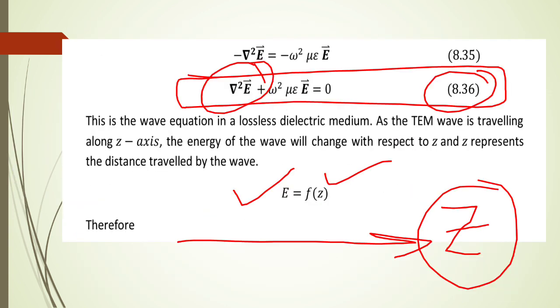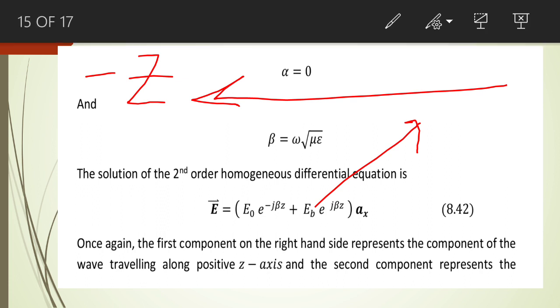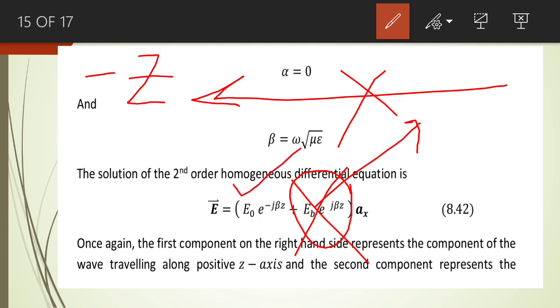So let us consider the solution once again, and as no component of our wave is moving along negative z-axis, we need to delete this component, we need to ignore this component. As the wave is moving along positive z-axis, we will have to consider the first component of equation number 8.42 only.